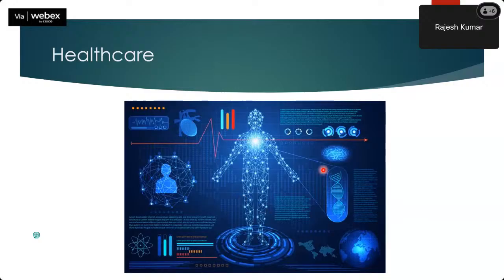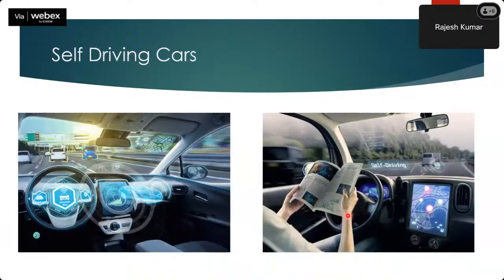They are also implementing it at the DNA level, and the applications are enormous. Healthcare is a very popular area where CNN and hybridized CNN models are being used in a very big way.